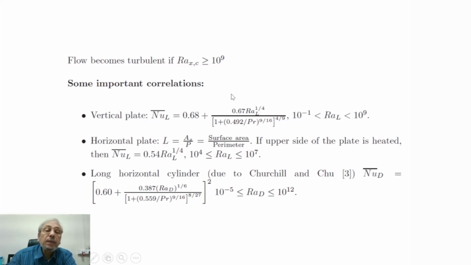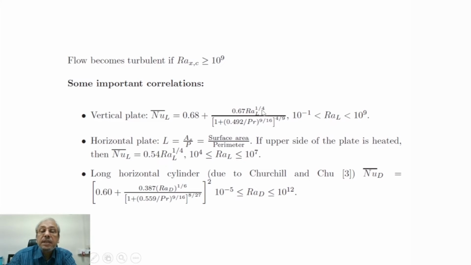Now, without going into the basic derivation that we have done for laminar free convective flow, here we can give some important correlations. For a vertical plate, the average Nusselt number is given by this expression, which was found through carefully done experiments, and then people tried to find a correlation to summarize all the experiments.